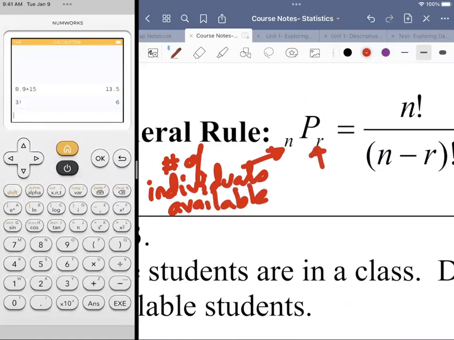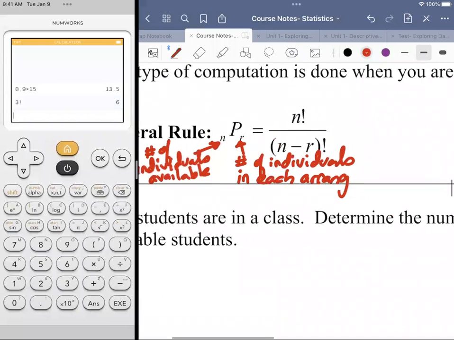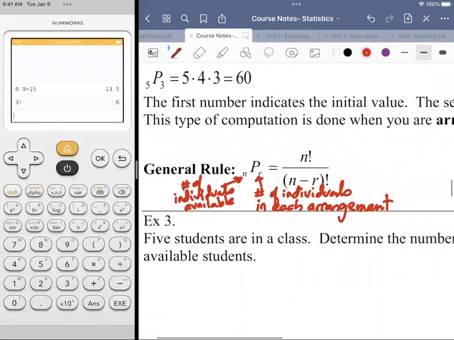And this would be the number of individuals in each arrangement. All right, so number of individuals that are available, number of individuals in each arrangement.